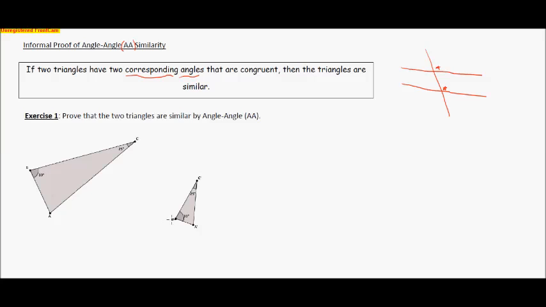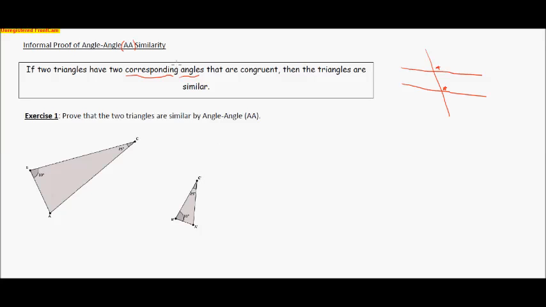That would be the corresponding angle with B. In other words, if I took the dilation, shrunk it down, and then did a congruence to translate it, reflect it, or rotate it so that it's on top of this triangle, angle B would be on top of angle B prime. So those two are corresponding angles. I could take it a step further and talk about this angle C right here. That would correspond with angle C prime over on this triangle.